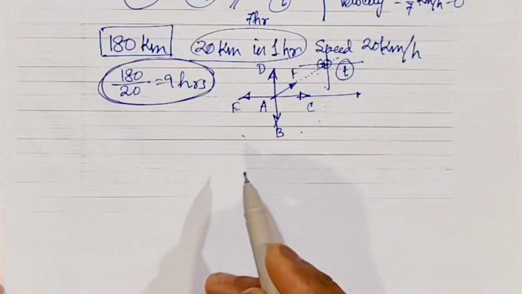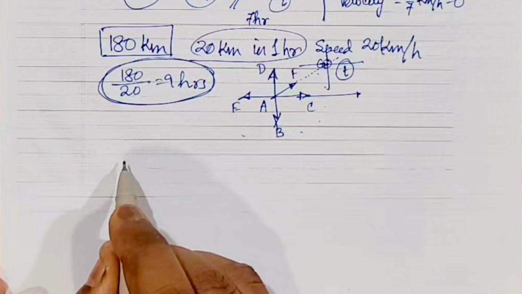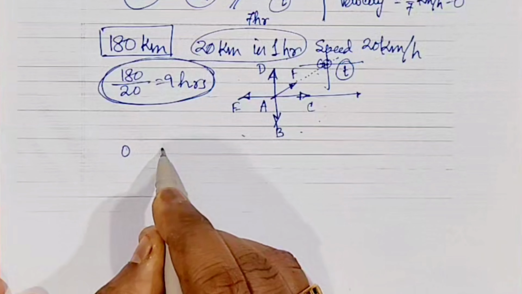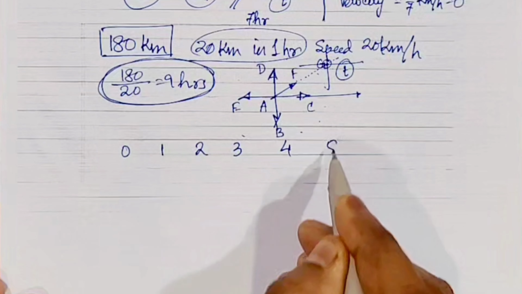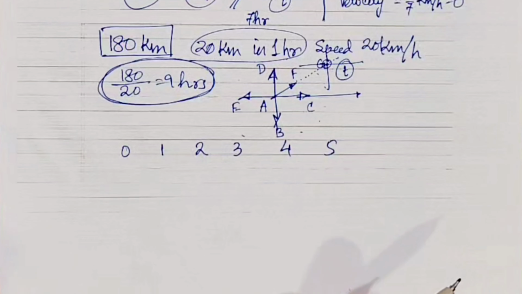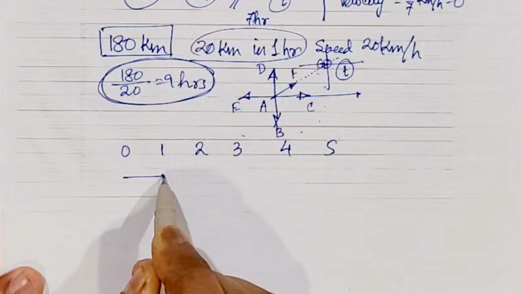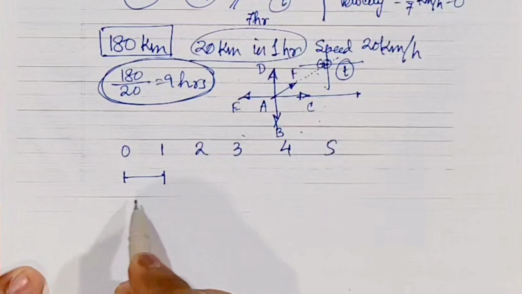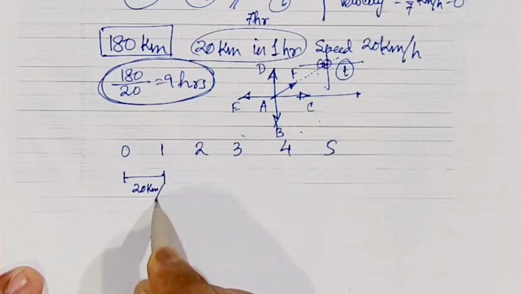Let's say a particular object is moving at a variable speed, from 0 till 1, 2, 3, 4, 5. I'm marking 5 hours, 5 different points. From 0 to 1, the first hour, it has moved with a velocity of 20 kilometers per hour.